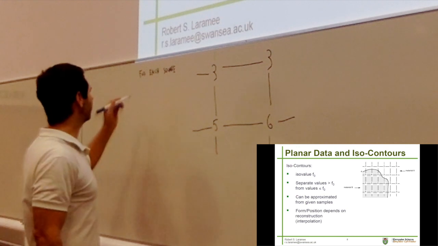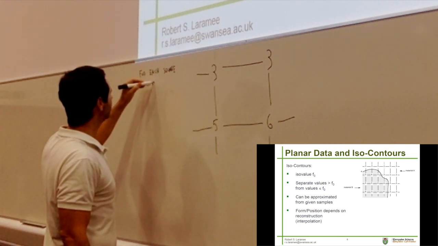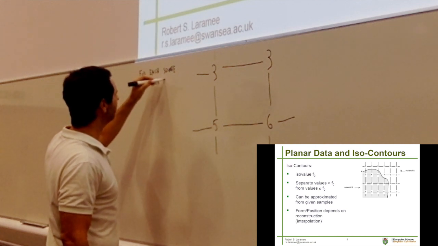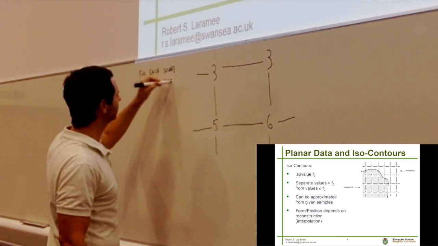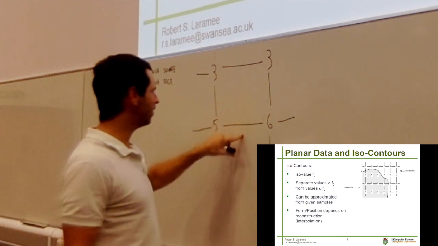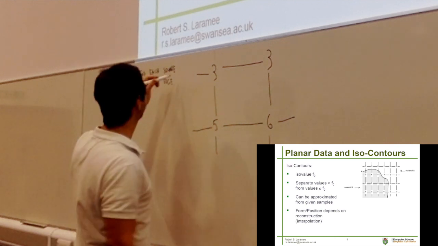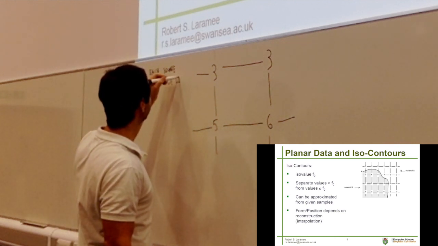And then there's another loop for each edge in the square. So this square has 4 edges.